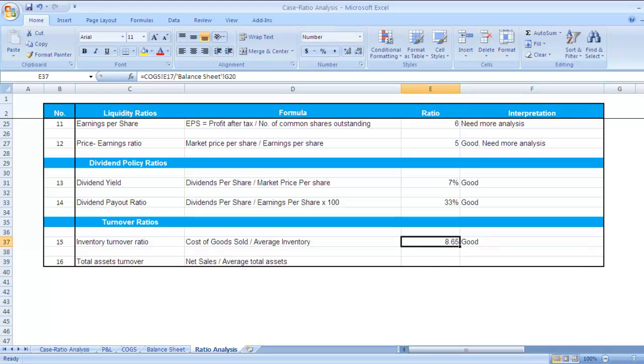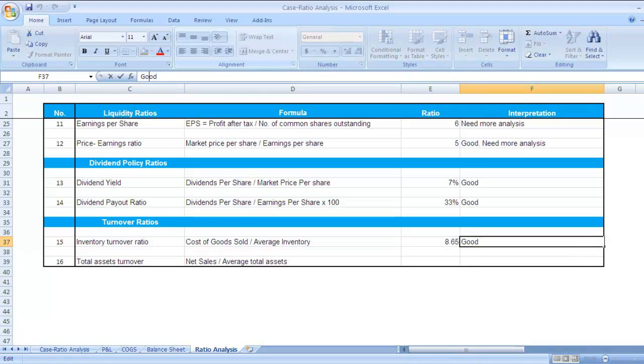See, this ratio is always in times. As I said, it is a multiple, it is in times. So 8.65 times. So the ratio is good.